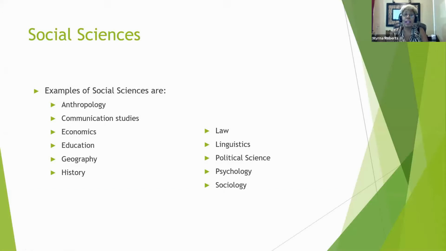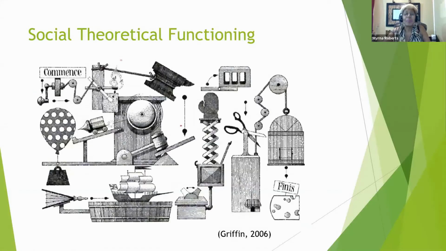That's anthropology, communication studies, which is what we're doing, economics, education, geography, history, law, linguistics, political science, psychology, sociology. All of these sciences or disciplines are using the same kind of research that I'm trying to show you now.